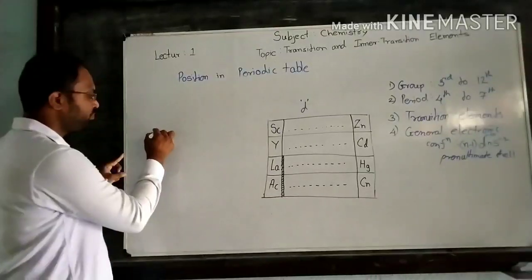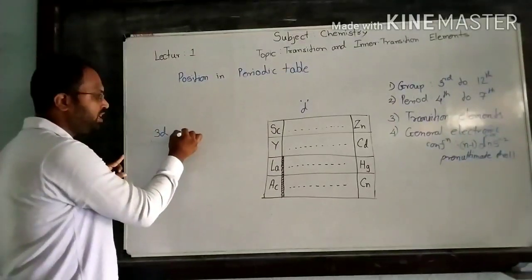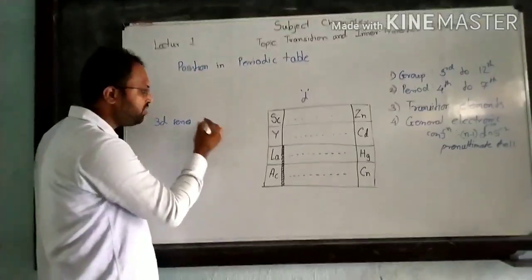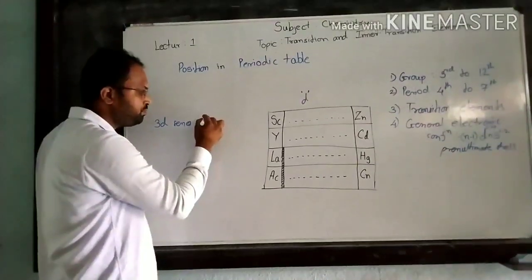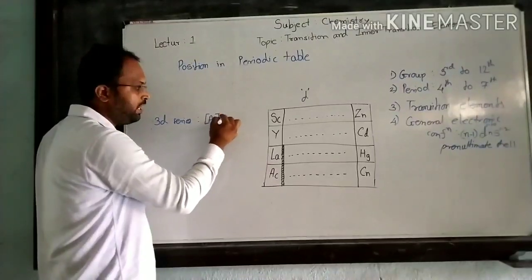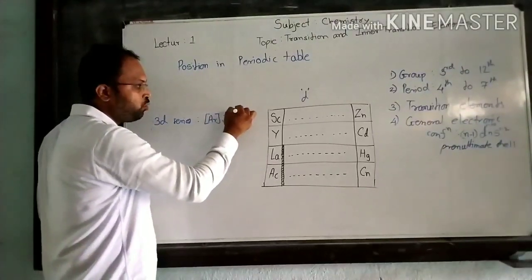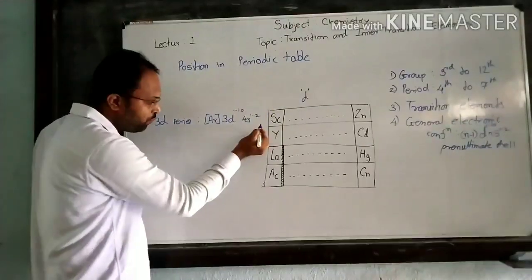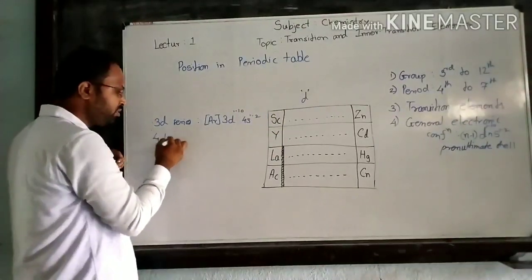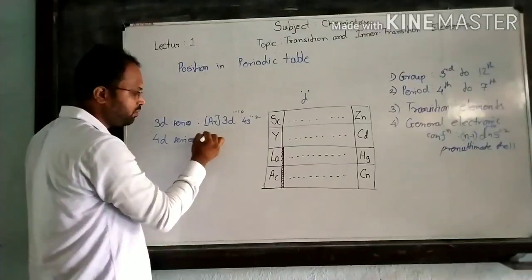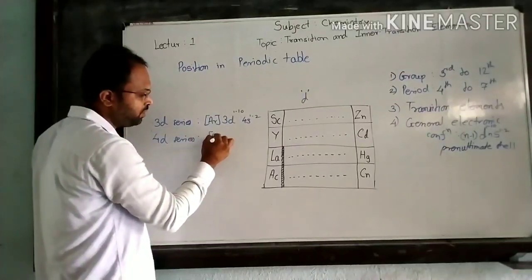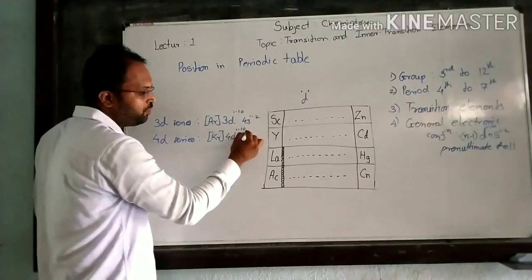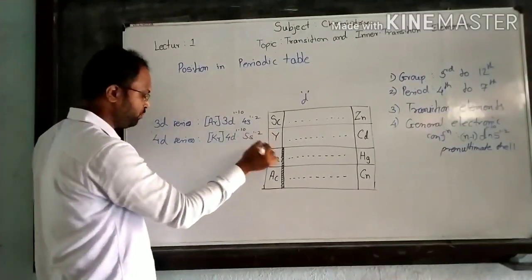First, the 3d series: the electronic configuration of the 3d series is [Ar] 3d 1 to 10, 4s 1 to 2. For the 4d series, [Kr] 4d 1 to 10, 5s 1 to 2.